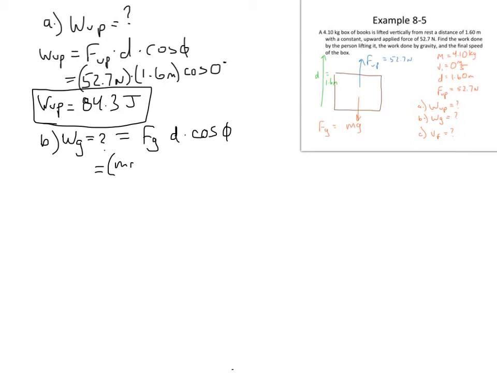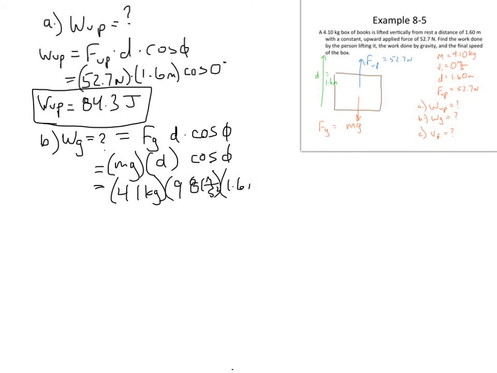That's mg. And then, of course, we have our distance and then our cosine of phi. So mg is going to be, what's the mass of our box? That's 4.1 kilograms. Our g, of course, is 9.81 meters per second squared, and our distance d is 1.6 meters.